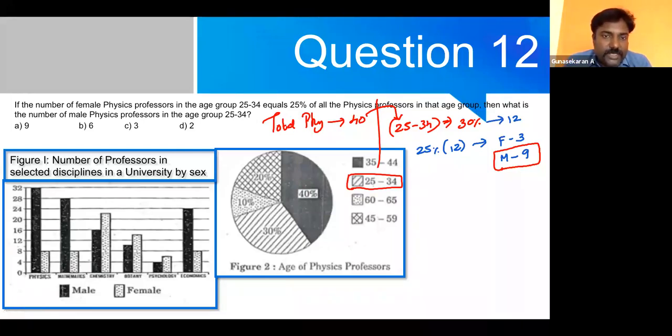The female professors in the age group 25 to 34 equal 25% of all the physics professors in that age group. I thought initially it was 25% of physics professors overall. So overall it is 30%, which is 12. In that, female 3 means male 9. So step by step you have to clarify.